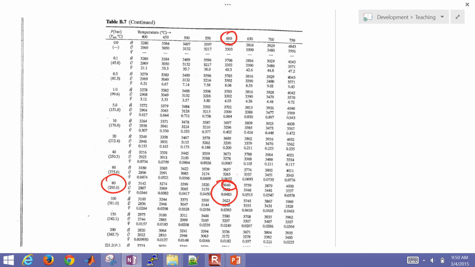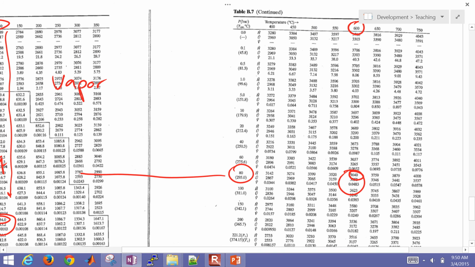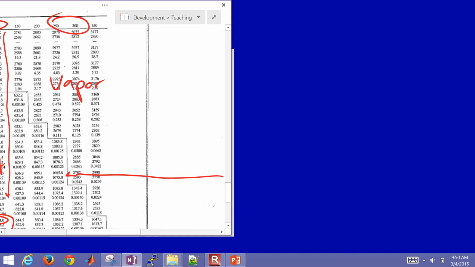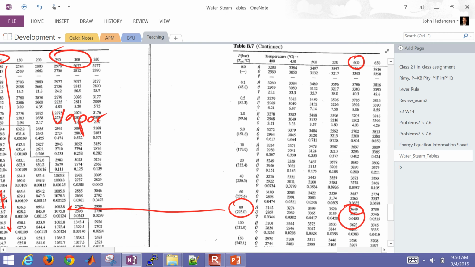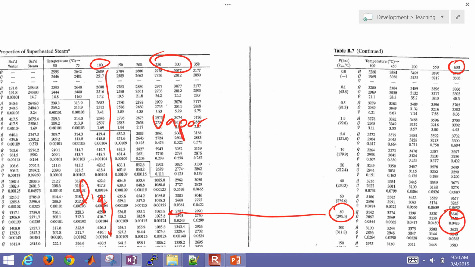Okay, so 80 bar, 600 degrees Celsius, that's superheated. Then we could just go back to where it hits the liquid vapor transition, and we could interpolate between these two and find out that it's going to be at 295. So it's going to be between these two.